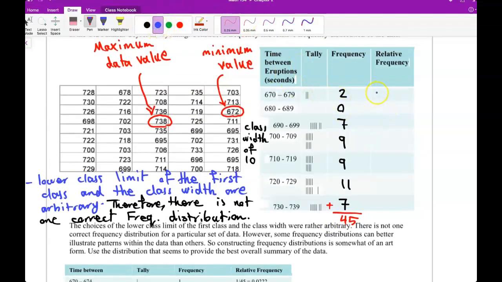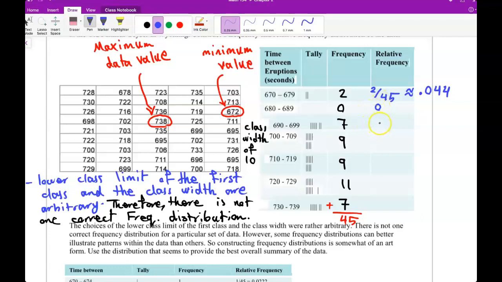Now here, find the relative frequency, dividing each one by the sum. So the sum is 45. Rounding that, here I have 0.044. This one obviously is equal to 0.